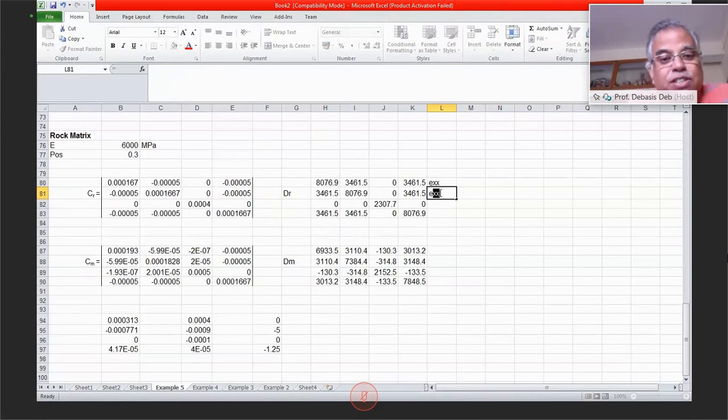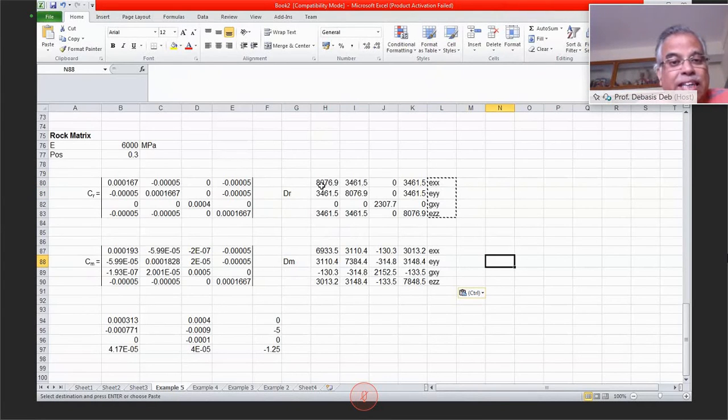Now what is the difference you see? See how much it has reduced, from 8000-something MPa to 6900. Everywhere this is reduced. And you see here, this used to be 0, but now this has some value. So what do you expect?